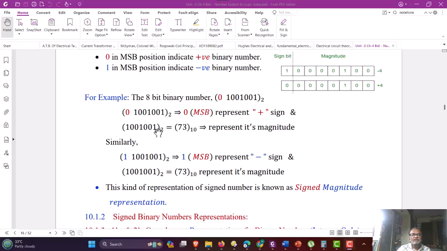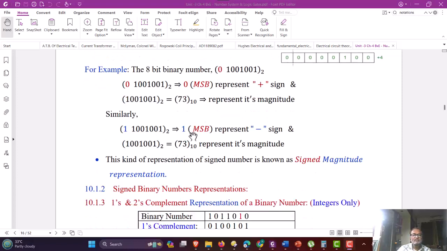In this example, the 8-bit binary number has a 7-bit magnitude and the MSB is reserved for the sign bit. Here the number 73 is mentioned. 1001001 in binary corresponds to 73 decimal. The 73 represents the magnitude and the MSB 0 indicates the sign.